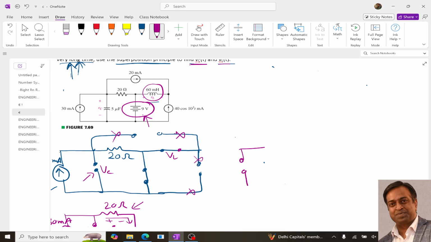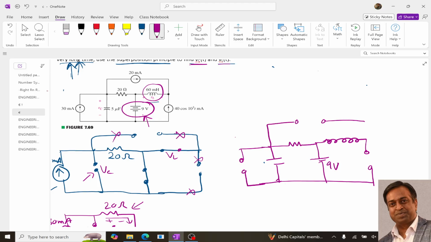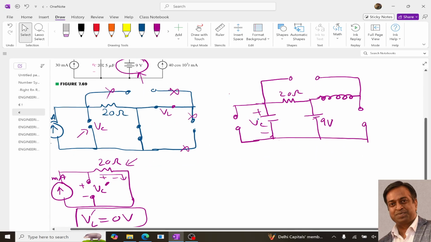This is the capacitor, and this is our battery, this is 9 volt, and over here this is plus minus VC and this is 20 ohm. Now again you can see, we can remove the capacitor and the inductor, right?